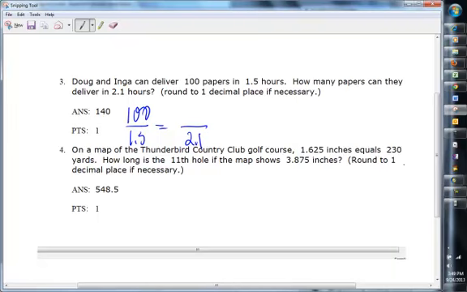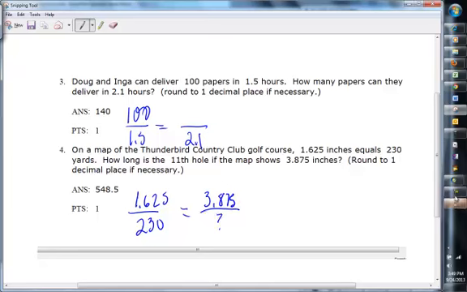Next one, on a map of a country club, 1.625 inches is 230 yards. How long is it in real life? It's 3.875 inches on the map.